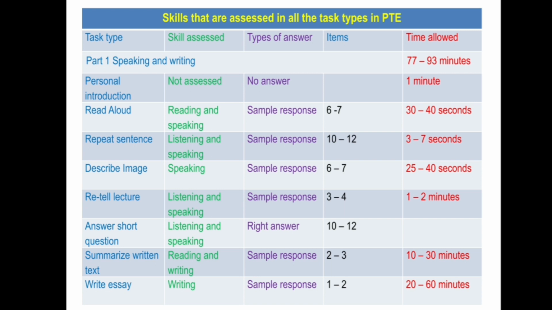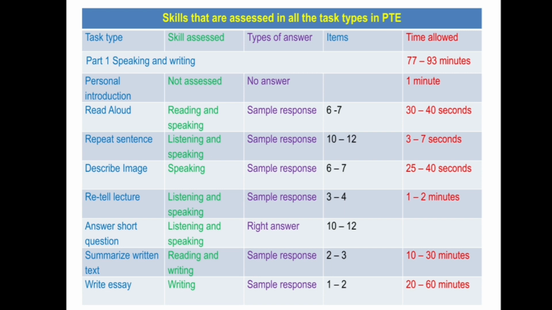And 6 to 7 items you will face in your exam, and for each item 25 to 40 seconds is given. 25 seconds are given to you to prepare your answer, to get a rough estimate about the items and the words or the content which is there in the image, and then within 40 seconds you have to answer it in your own language. And most of the students like to use templates here.